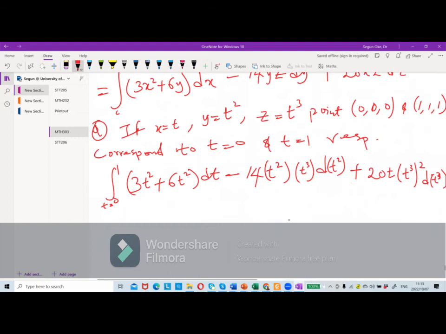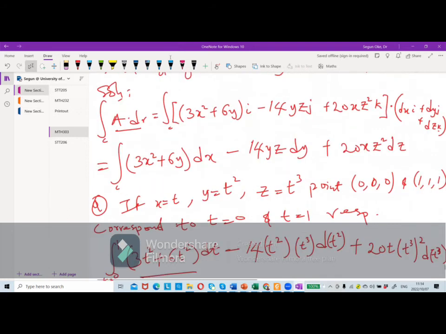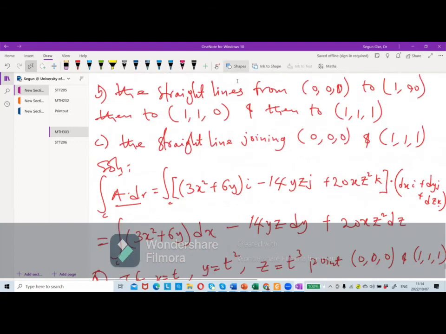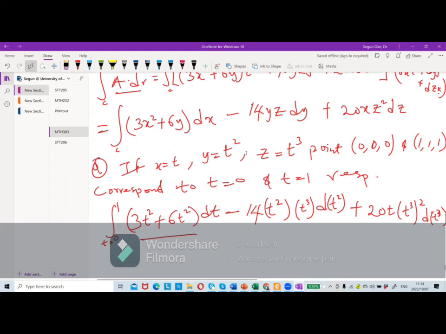Let's first of all look at the first one, we don't have a problem with this. We will not solve it yet; we integrate them one after the other.